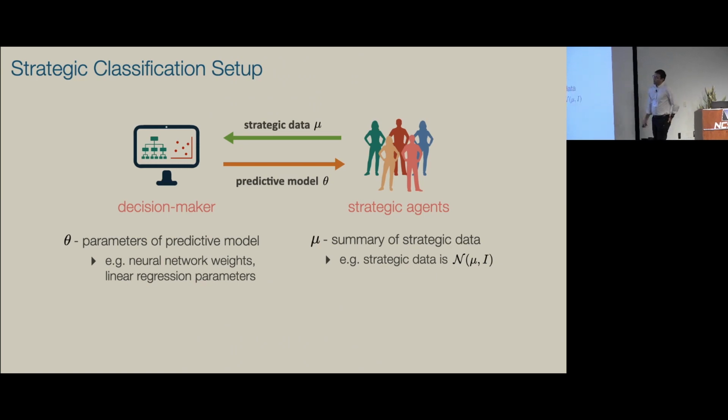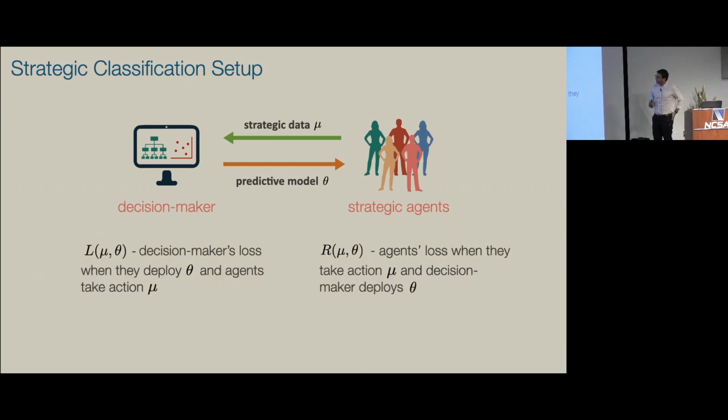So in this case, it might be the mean of some normal distribution. So the decision maker is going to have a loss that they want to minimize that depends both on mu and theta. So when they deploy theta and the agents take action mu, they suffer some loss. The strategic agents are going to have some loss, some risk that they would like to minimize also, given theta and mu. And that's basically the setup that we're going to consider.